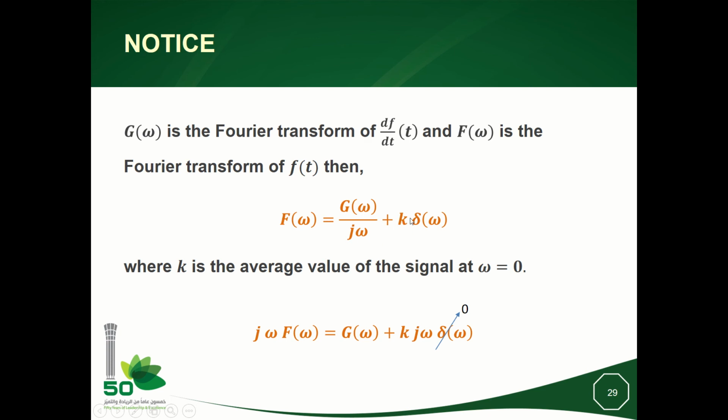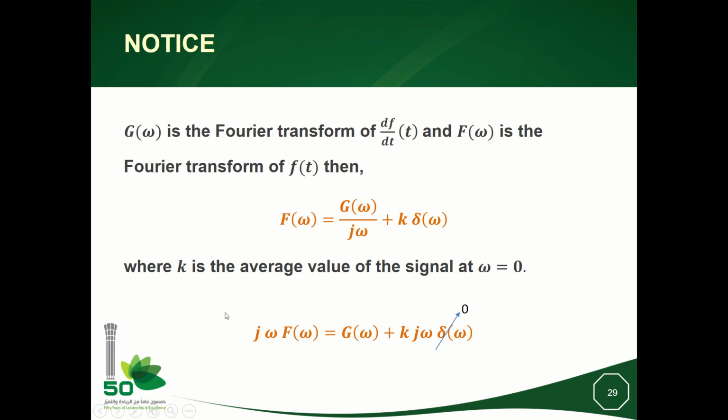But we have to add a constant k times delta of omega, because many functions in time, if we differentiate them, give the same function in time. So when we return back to f, we have to add a constant times delta of omega. And it is clear that if I multiply both sides by j omega, I will have j omega delta of omega, which exists only at omega equal to 0, so that gives j omega F of omega equal to G of omega.